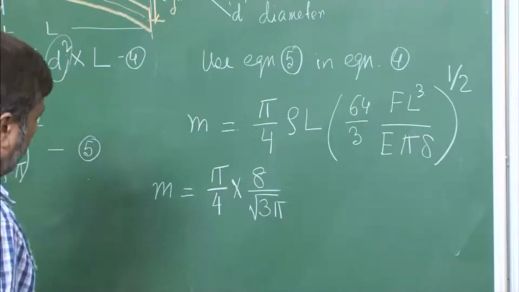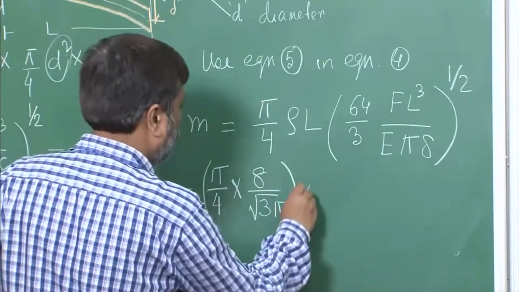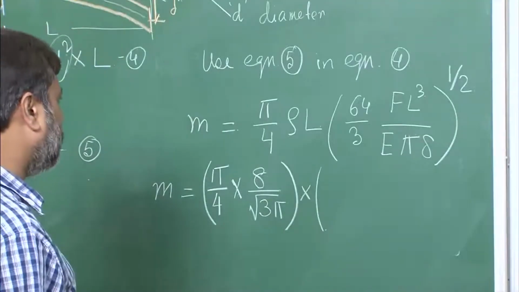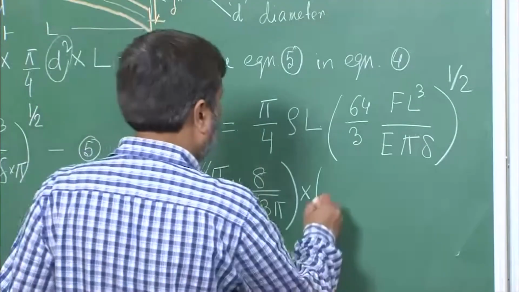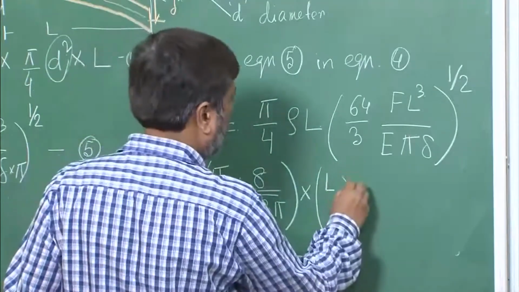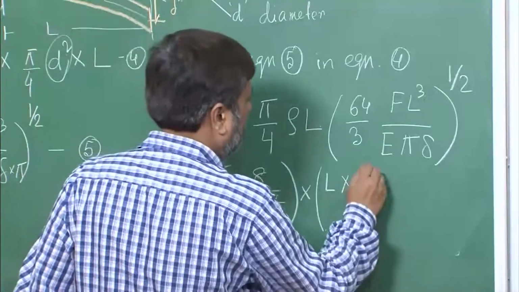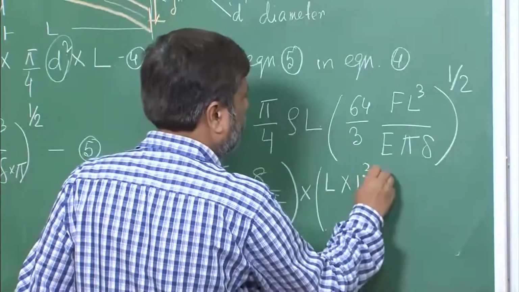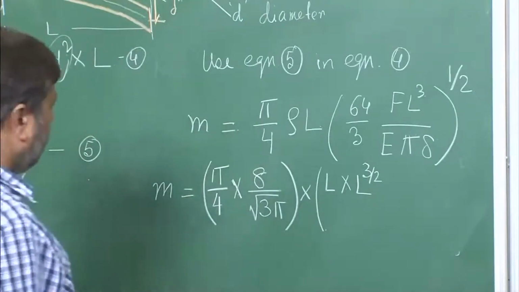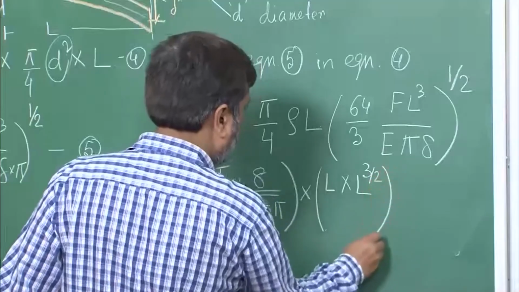So, this is all the constants together. Then we have some geometric parameters. What are these geometric parameters? L times L to the power 3 by 2, right. That is the geometric parameter that we have, so let us keep that separately.